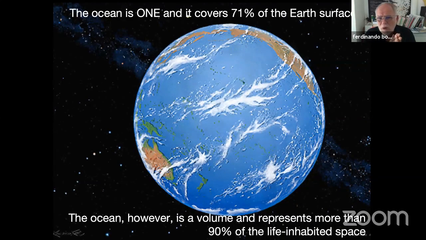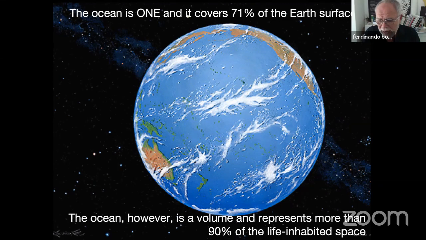The ocean is one. It covers 71% of the surface of the Earth, but the average depth of the world ocean is 3,500 meters. And this is the third dimension, the volume. If you take the volume, this volume is always occupied by some living forms, from the surface to the very deep trenches.